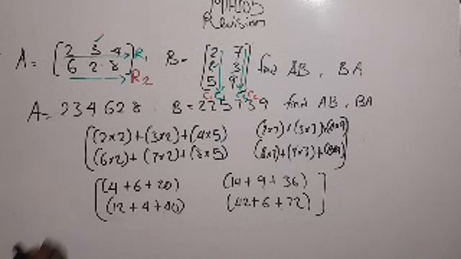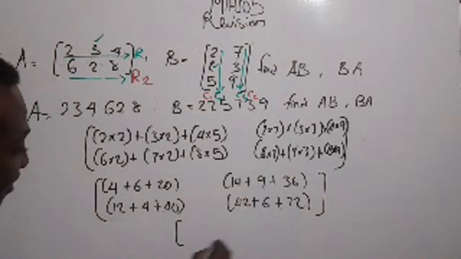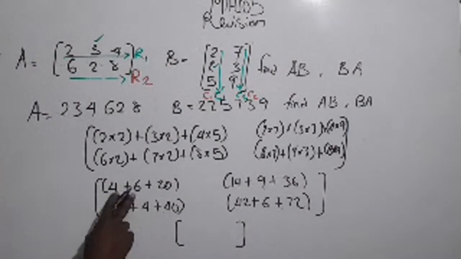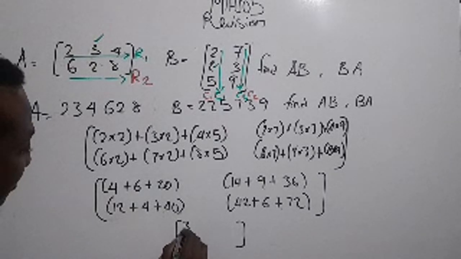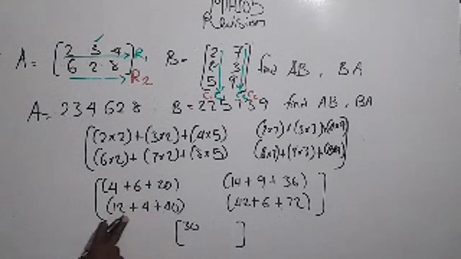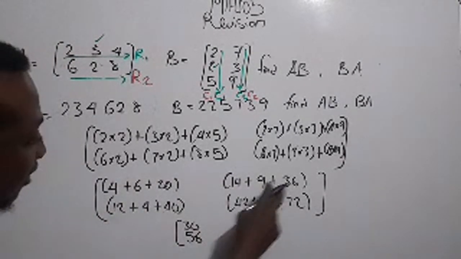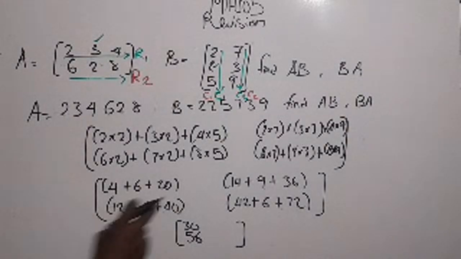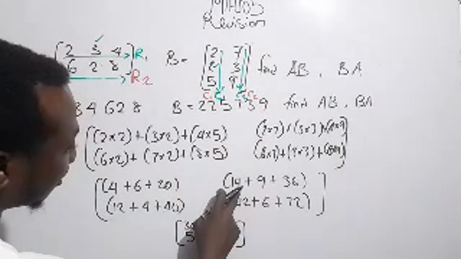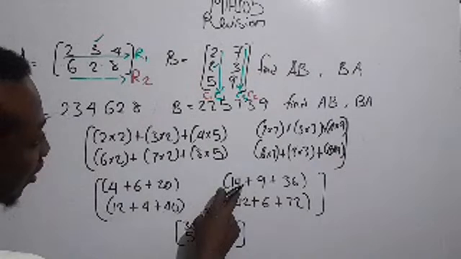Do we understand it? From here, it is easy. This is 10, this is 30, this is 50. Then 52, 56. This is 14. Okay, this should give us 19. That should be giving us 23.